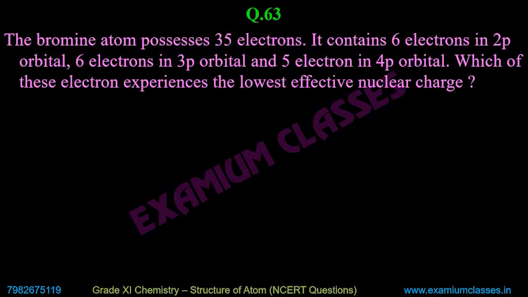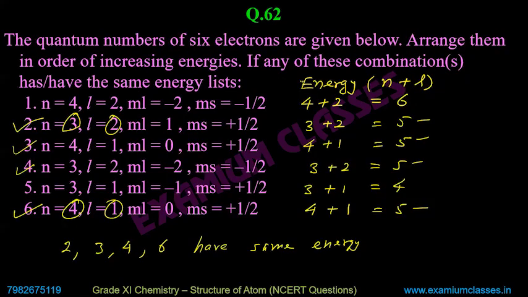Next, what is the reason in question number 62 that these have the same energy? Because energy is defined by n plus l value. If the n plus l value is the same, here in this case 5, 5, 5, 5, the values are same. The need of orbitals and spin was not needed.